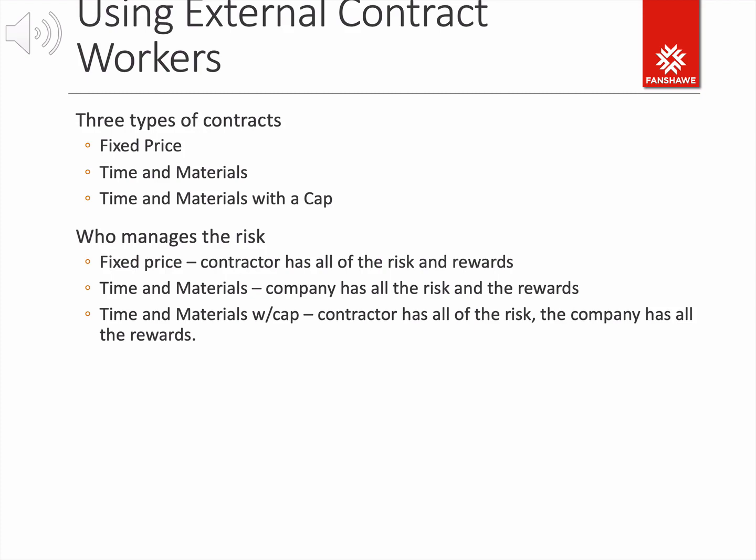But you also have to consider one other thing. When you make this decision about whether you want to outsource work or not, you need to think about risk, because that's an important part of this decision process. In a fixed price scenario, the contractor, the person doing the work, has all the risk. You're going to pay $8,500, they're going to deliver it, and guess what? If it costs them $20,000 to produce it, then too bad.